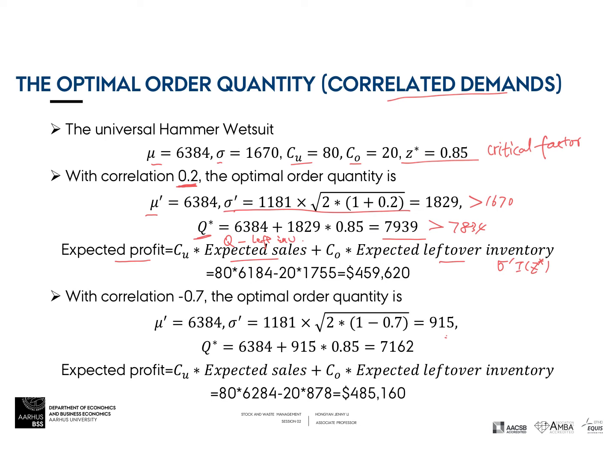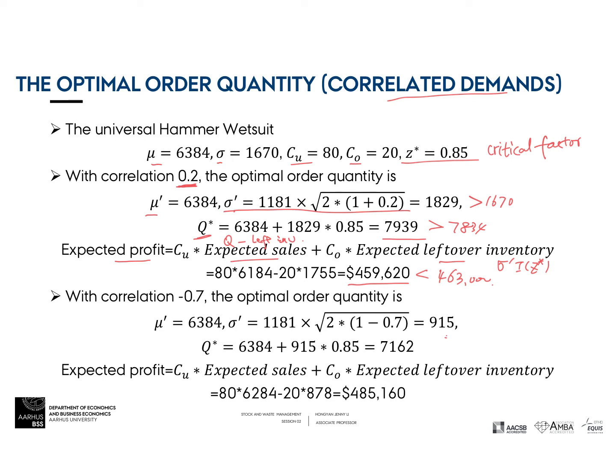And then we calculate the total expected profit. Actually it is less than the universal independent demands order quantities. So this actually is less than 4,063 something from the previous calculations.